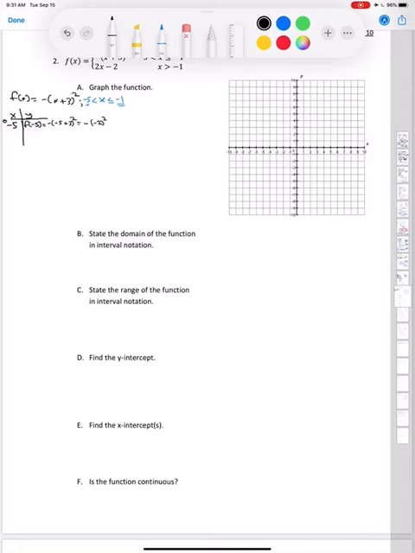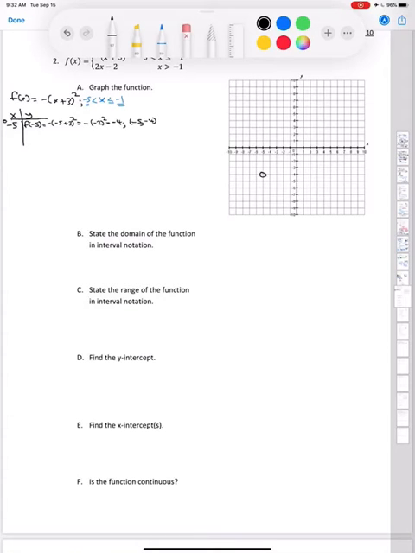As we simplify down, -2 squared is 4, so I end up with -4. So my point on the graph of f of x, this quadratic piece, will be (-5, -4). So at (-5, -4), let's begin to look at this graph.